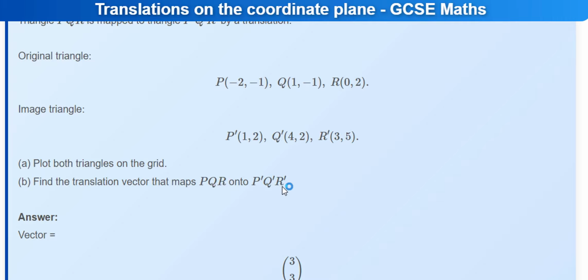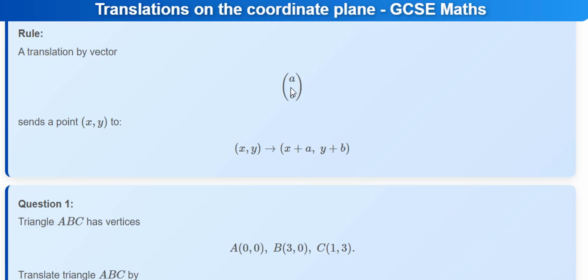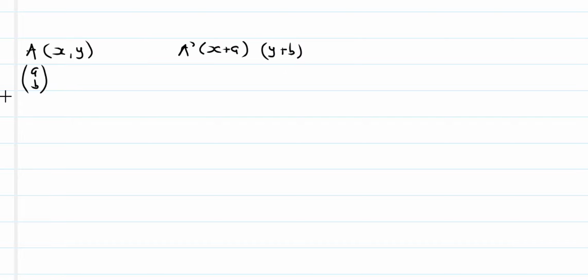We can pick any of the coordinates, but remember our original formula: if I have a point with coordinates X and Y, and it is translated by a translation vector (A, B), then to get the new coordinates, we take X plus A, where A is from the translation vector, and for the Y coordinate we take Y plus B, where B is from the translation vector.